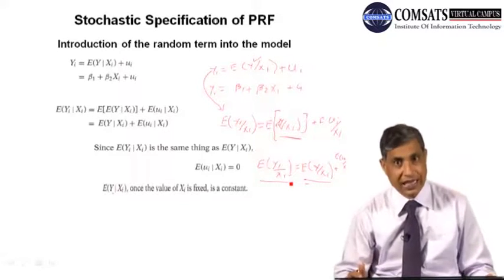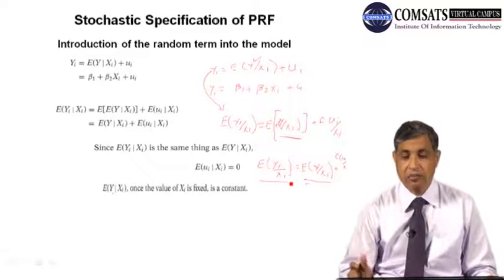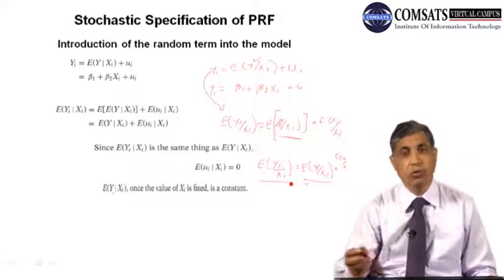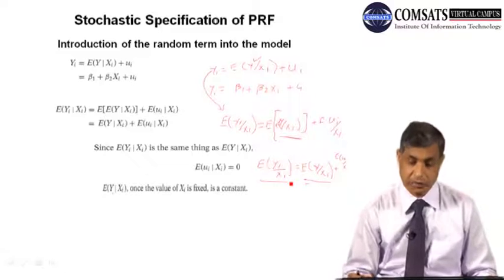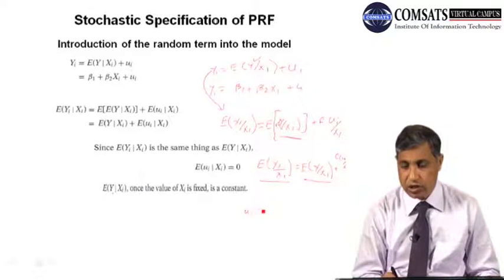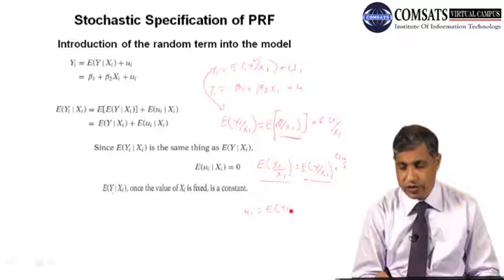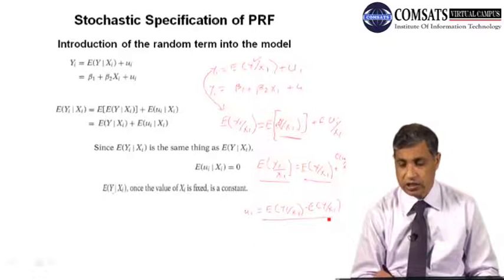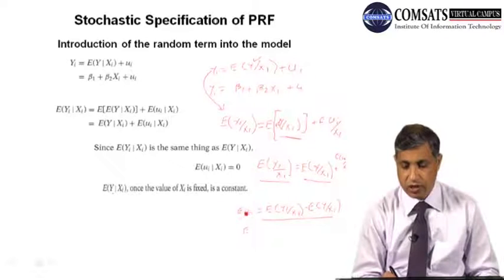If we do not fix the xi, then there is a difference, but when we have fixed it, both are constants and now they are the mean, and simply ui is equal to expected value of yi over xi minus expected value of y over xi, and as I said, these are the same term. So this is the expected value of ui given xi.